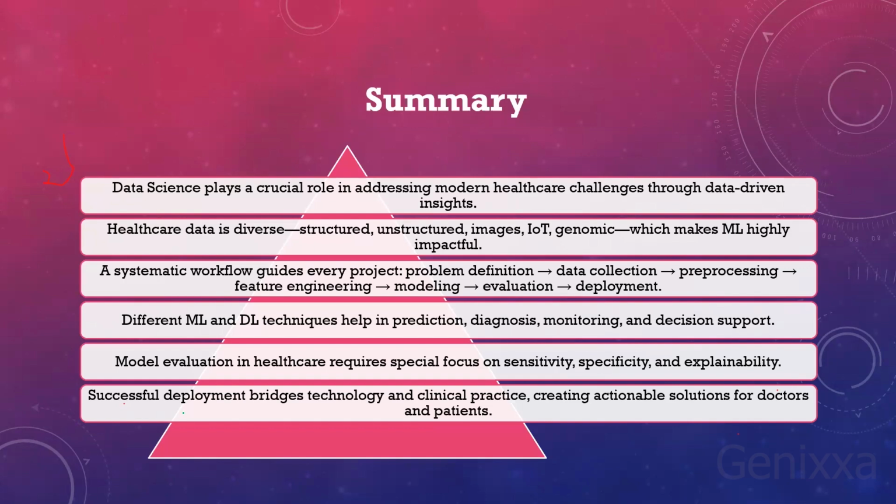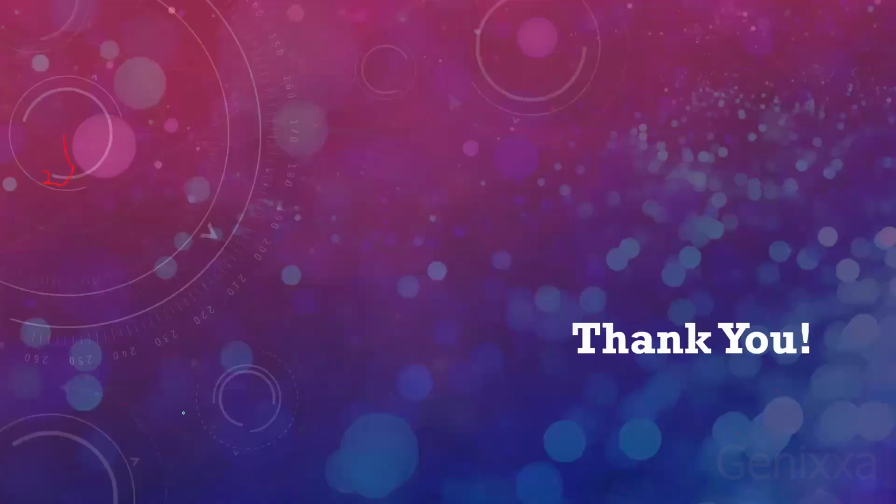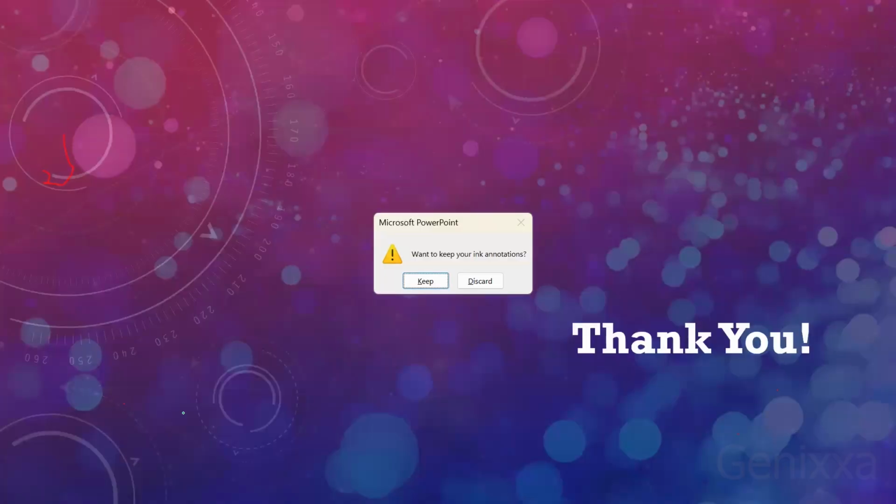And we have also understood the different modeling possibilities with deep learning and machine learning, and how successful deployment of this kind of technology can assist us with adequate clinical practices and lead to actionable solutions for doctors and patients as well. So this is the main crux of all the theoretical discussion that we have done till now.